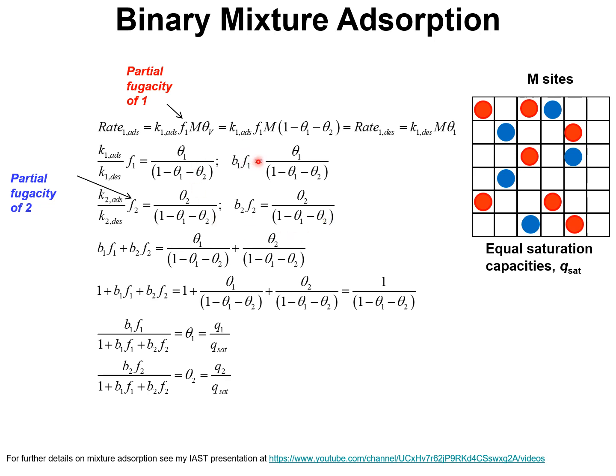If we add this term to this term, we will derive this following expression: 1 plus B1F1 plus B2F2 is 1 divided by 1 minus theta 1 minus theta 2, and this is the fractional vacancy.